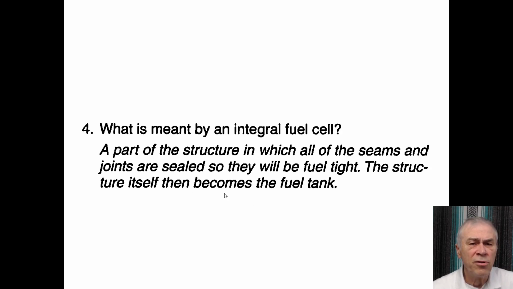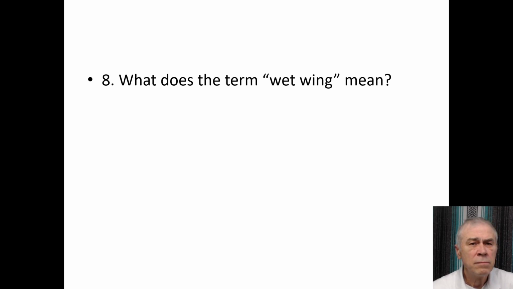The structure itself then becomes the fuel tank. And what does the term wet wing mean? So basically, these questions are all following the same theme. It's an integral fuel cell that is located in the wing of the aircraft.